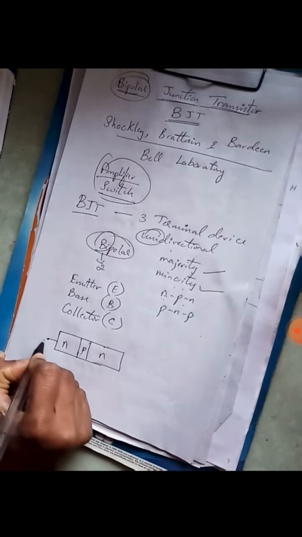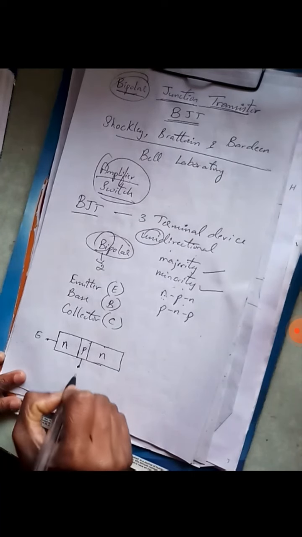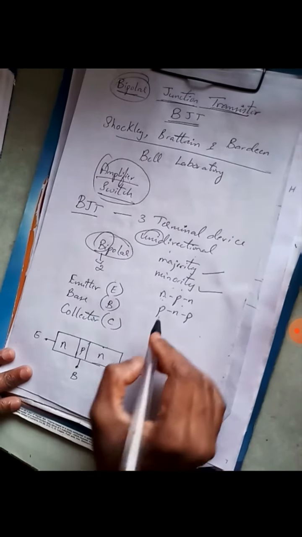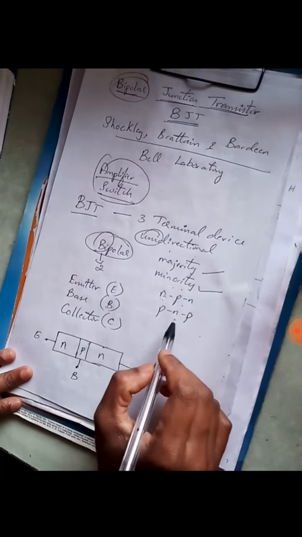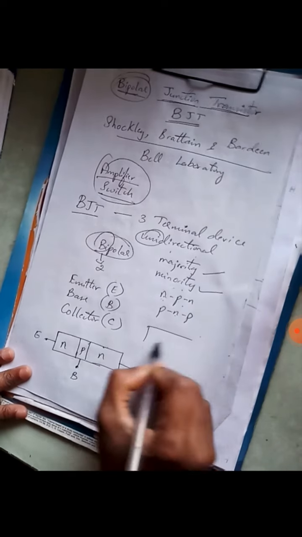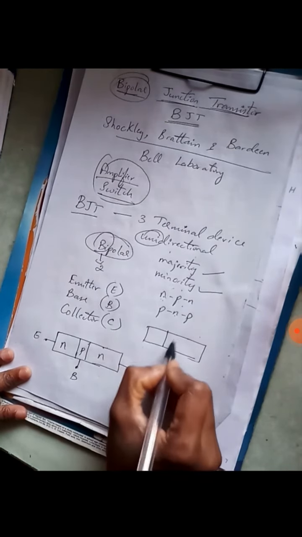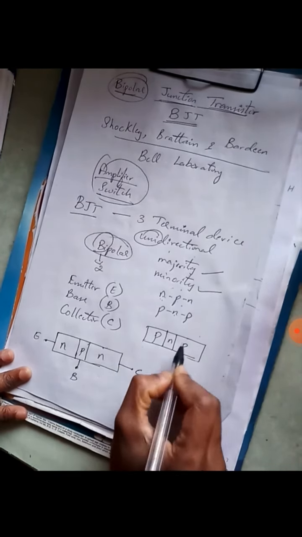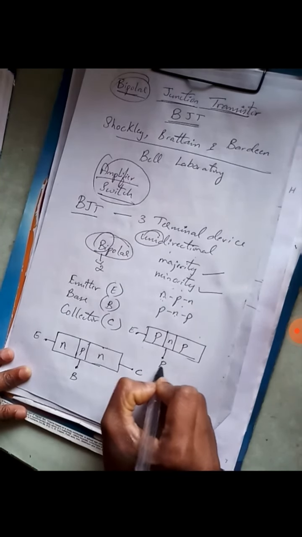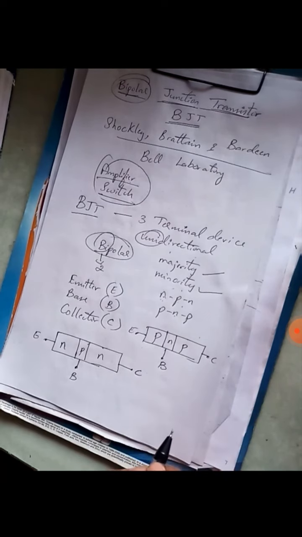This terminal will be called the emitter, this the base and this the collector. Similarly, in a PNP type of transistor, an N type is sandwiched between two P types. We represent it like this. This will be the emitter terminal, this the base terminal and this the collector terminal.